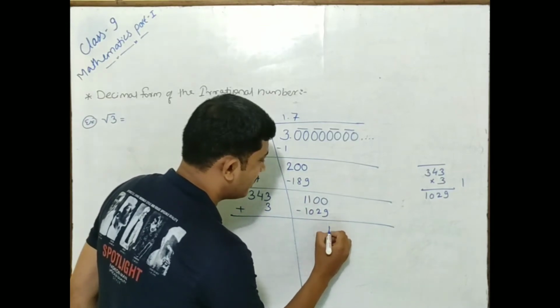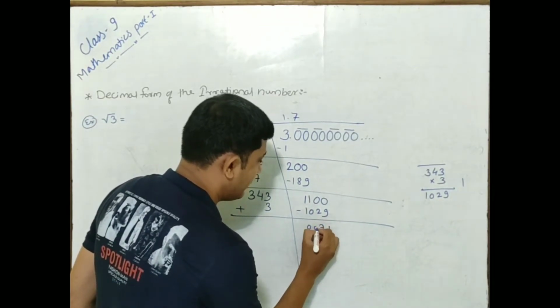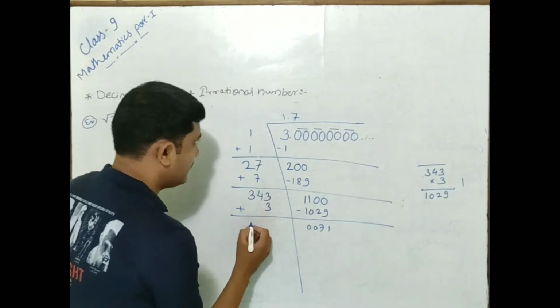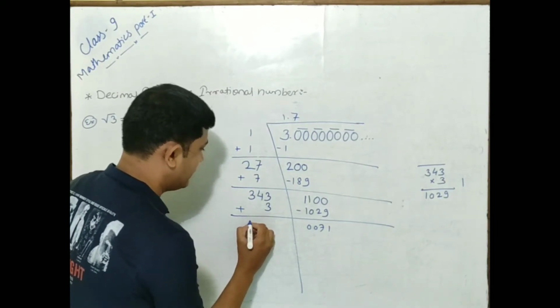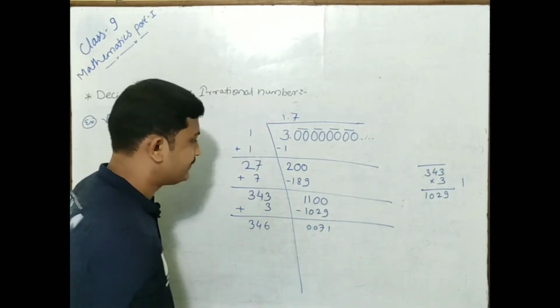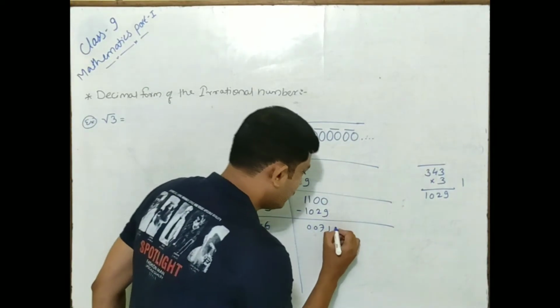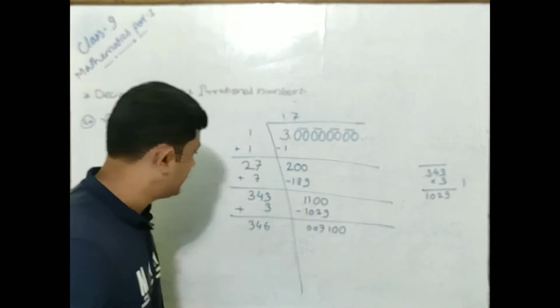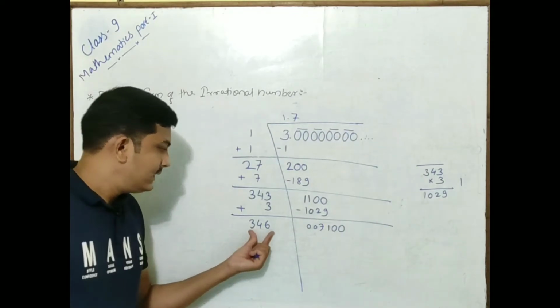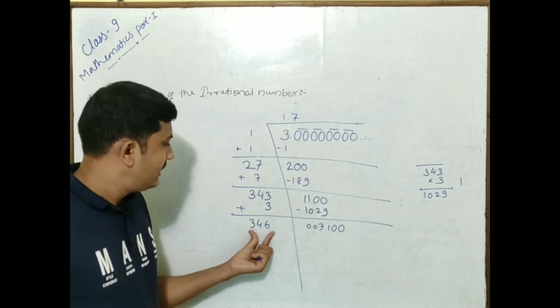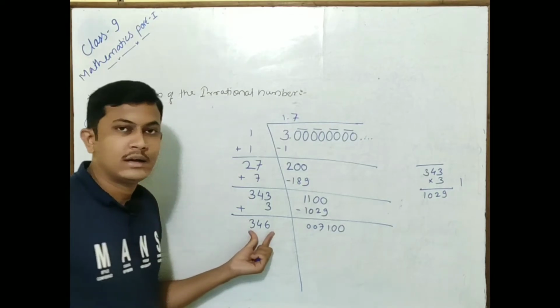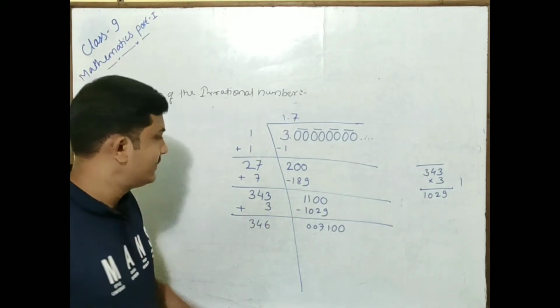Here the remainder is 71. The number after the addition is 346. Again take here 2 zeros. Now it is a 3-digit number. If we add 1 digit to the right after the 6, so it becomes what?